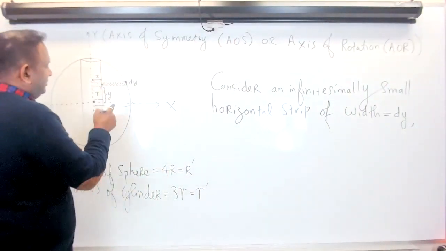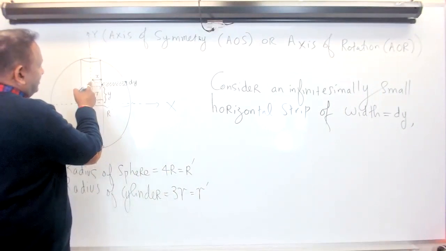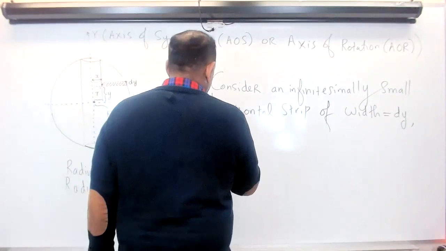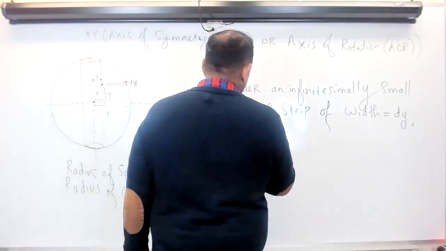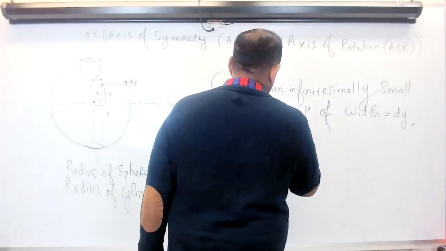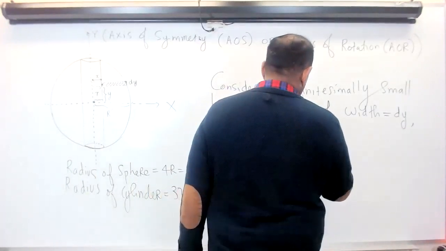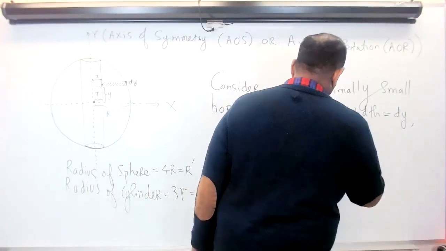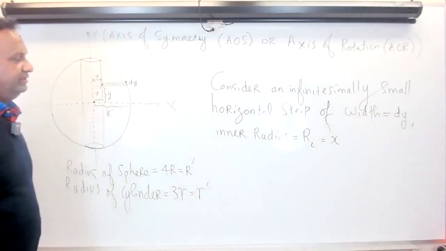If you take that out, from here to here, that's the inner radius. Inner radius, I will denote by ri, which is x in this case.